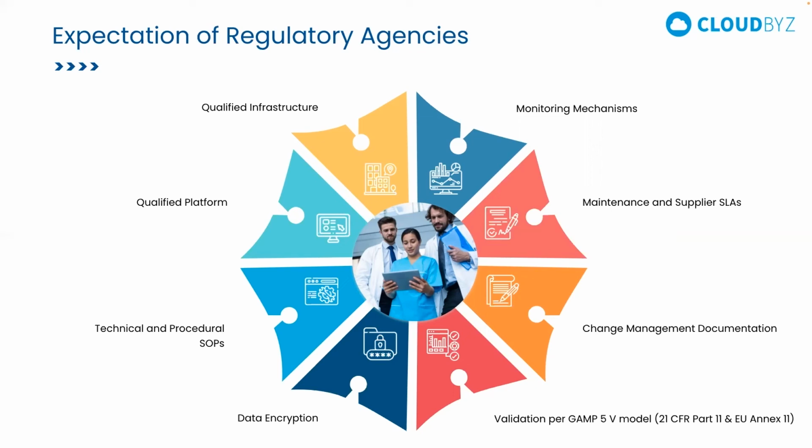They are interested in whether the data is encrypted, both data at rest and in motion, and whether a monitoring mechanism is in place to catch any intrusion. They would also like to see an agreement in place between the customer and the service provider, and documentation around the change management and incident process. Next slide, please.